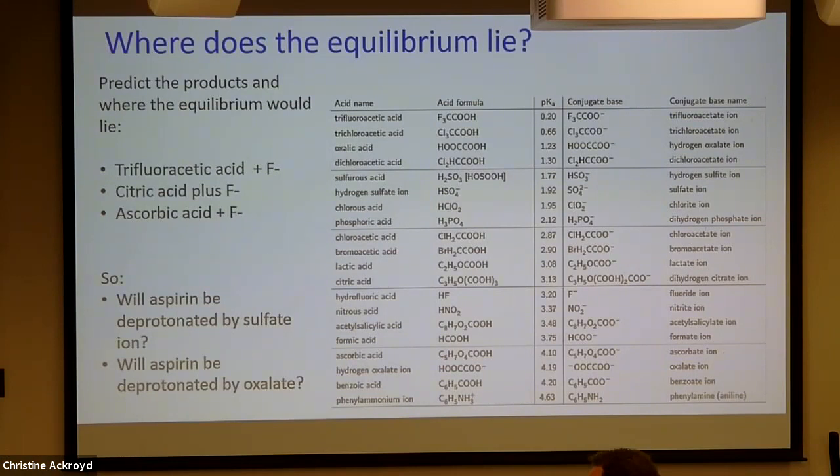The stronger acid has what kind of conjugate base? A weaker conjugate base. The weaker the acid, the stronger the conjugate base. Equilibrium lies on the side of product.